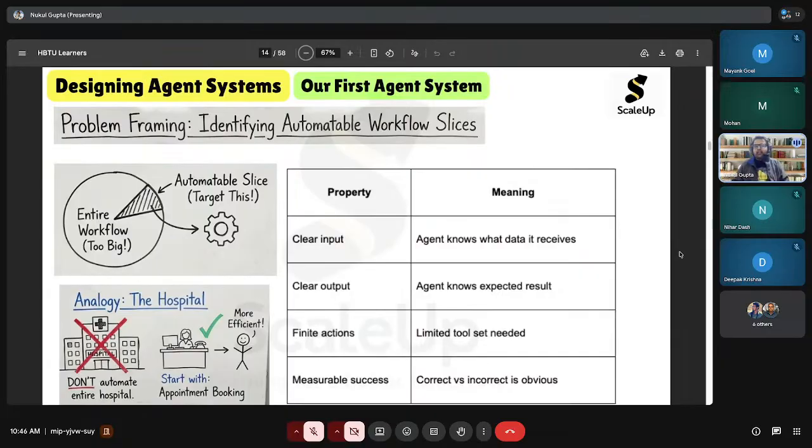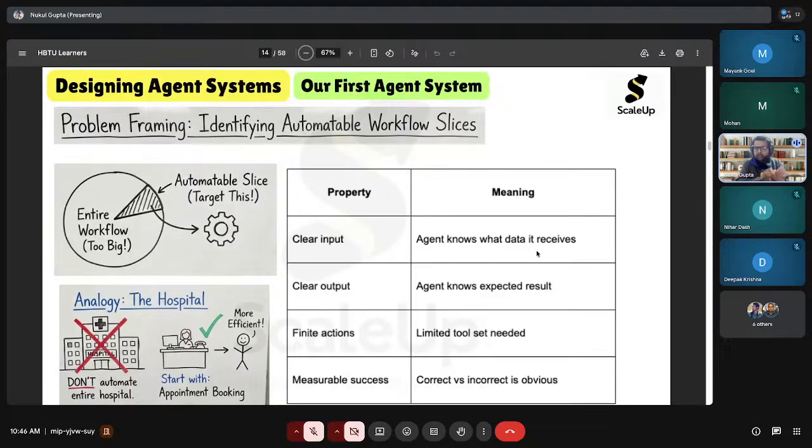Now we can take an analogy of a hospital. Let us suppose we think, okay, I'll automate the entire hospital using agentic AI. That's a wrong approach. Rather than trying to automate the entire hospital, we should take a small scope and automate that first. So start with appointment booking.